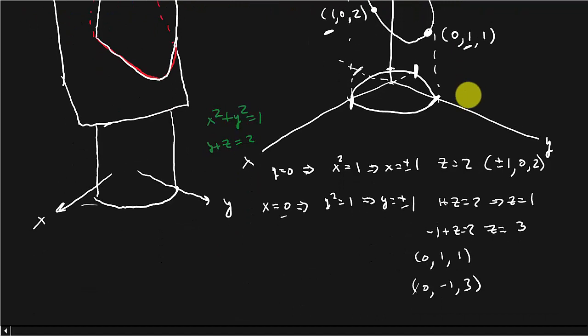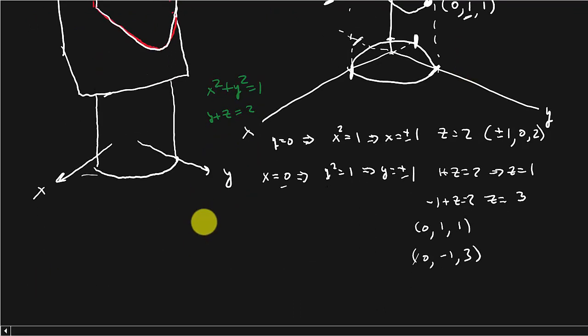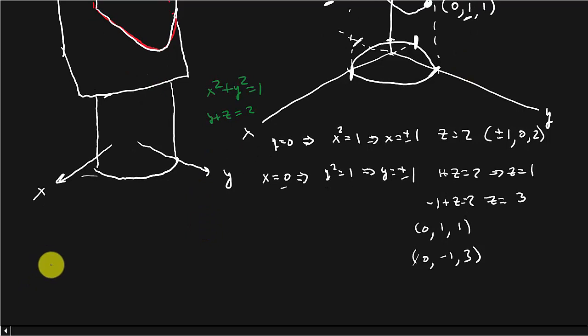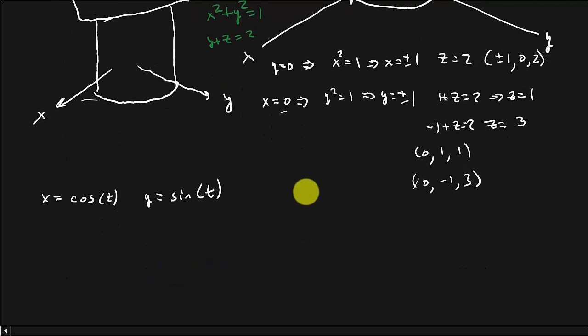Okay. And so, well, what do we know? It's a circle, so we have x squared plus y squared equals 1. But that tells us that x is equal to cosine t, y is equal to sine t.